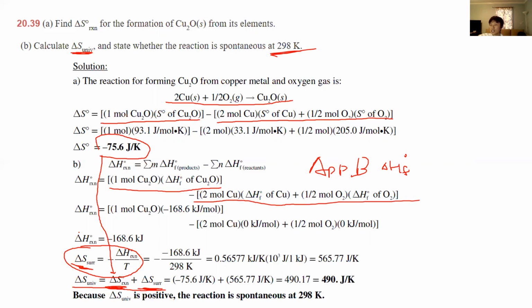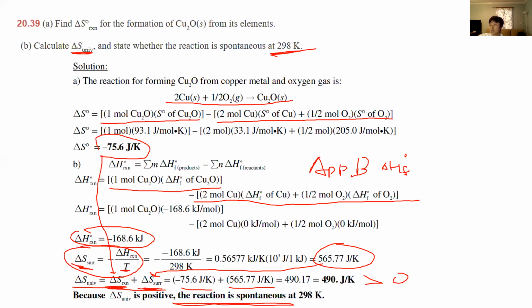So we got delta H of the reaction divided by temperature, and we got the delta S of surroundings, which is this. We add these two together and we get a positive number. So a positive delta S universe means that the reaction is spontaneous.